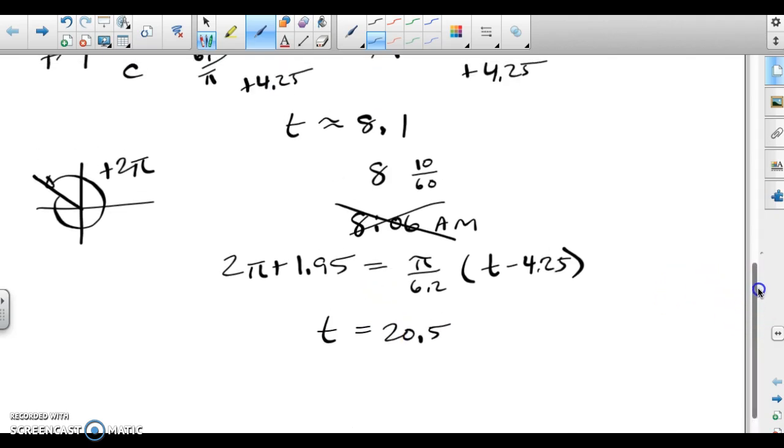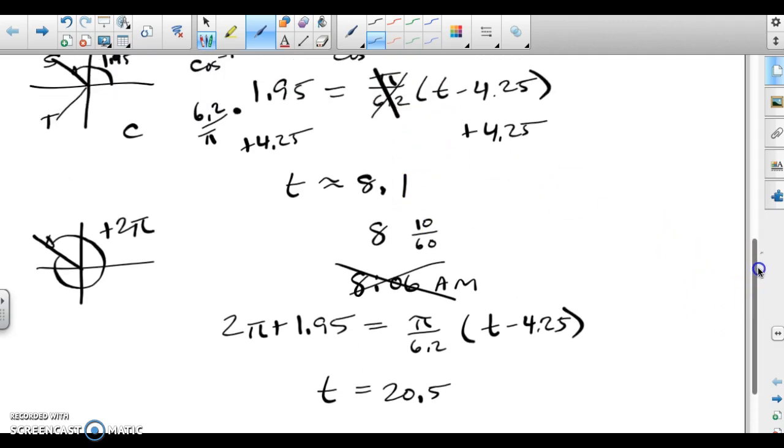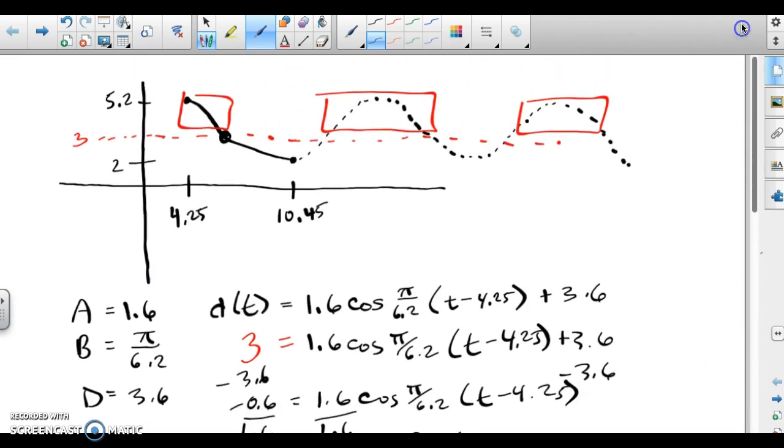The other way that someone had mentioned in class was that if we know that the time was 8.1, we know that one complete period, we said from before, the period was, what was it, 12.4, I believe. The distance from here to here was a period of 12.4.